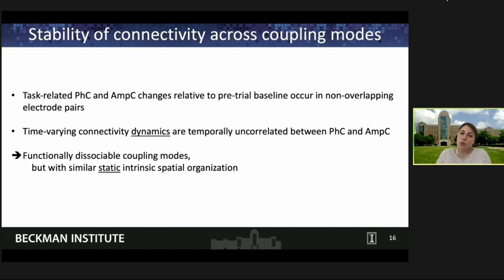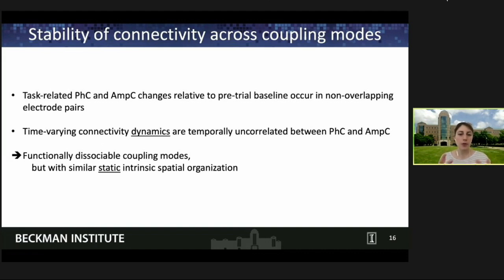So they do have different functions. These two coupling modes have different task-related functions. Just in intrinsic terms, in terms of their ongoing spatial organization, they are tied with each other. A similar conclusion can be drawn when looking at the time-varying connectivity dynamics in a task-free setting.